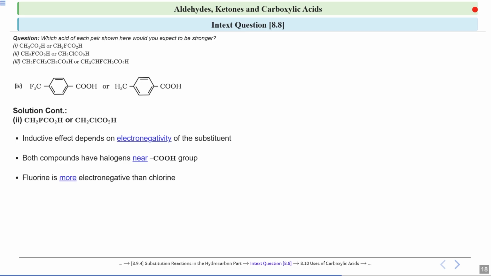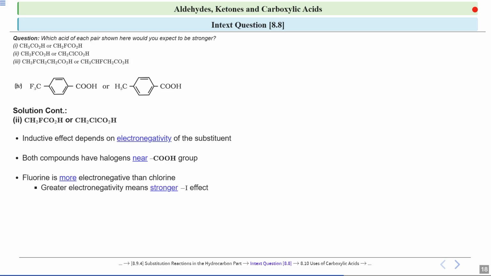So if we compare the two halogens, fluorine and chlorine, fluorine is more electronegative than chlorine. Okay, because you know that as we go down from fluorine, chlorine, bromine to iodine, the electronegativity decreases. So fluorine pulls electrons even more strongly, and this difference in electronegativity will influence the acidic strength.